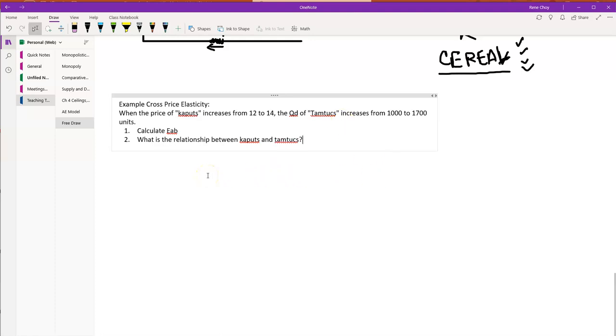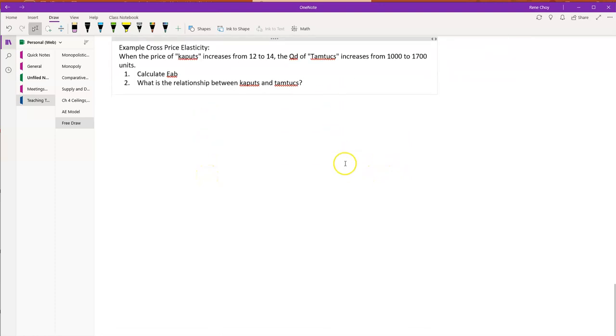All right, so first of all, let's calculate our cross-price elasticity. Some books like to use EAB, or other ones use EXY or YX, it doesn't matter. What we're trying to say is that there are two different goods being used here. It could be X and Y, it could be A and B. Now the setup is basically the same.